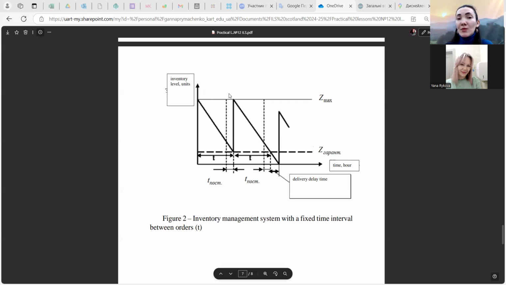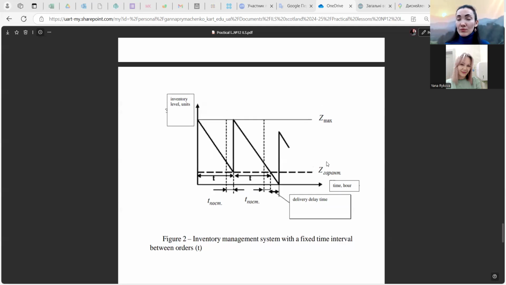Every some period we do our deliveries for our warehouses. Our graph and picture go one by one, and we always have goods in our warehouse territory. So it is the main task.